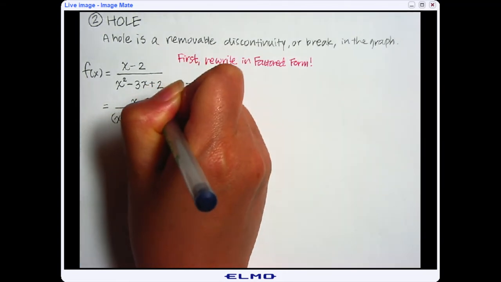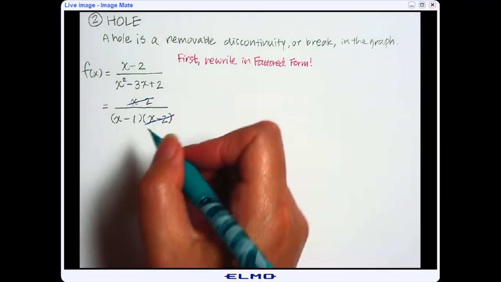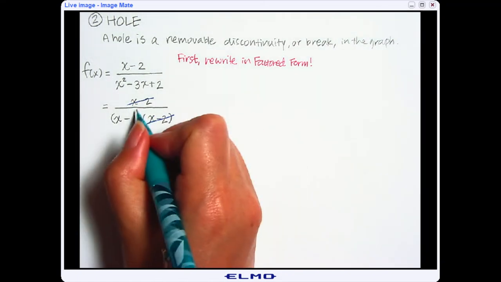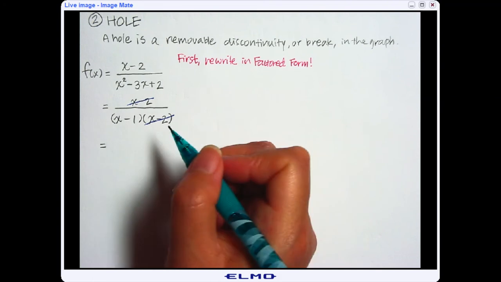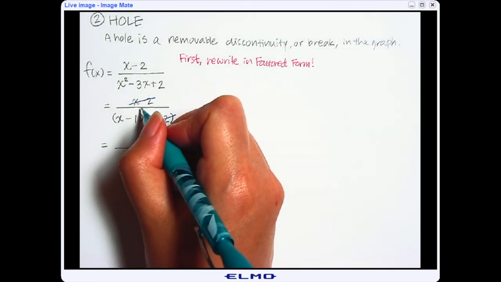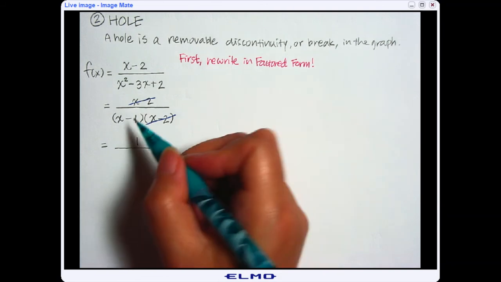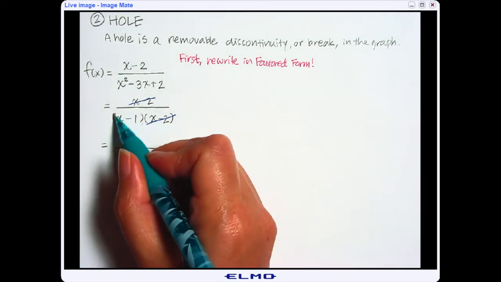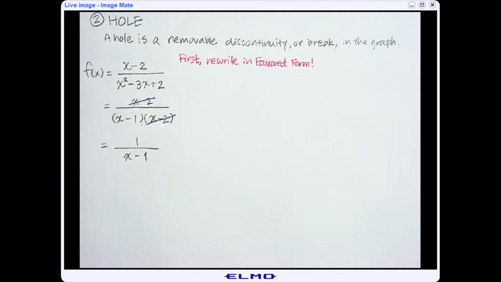X minus 2 will be canceled there. Then once I cancel these two factors, what I have left on top, please don't say it's 0, but it's going to be 1. Then the surviving factor from the bottom is x minus 1.